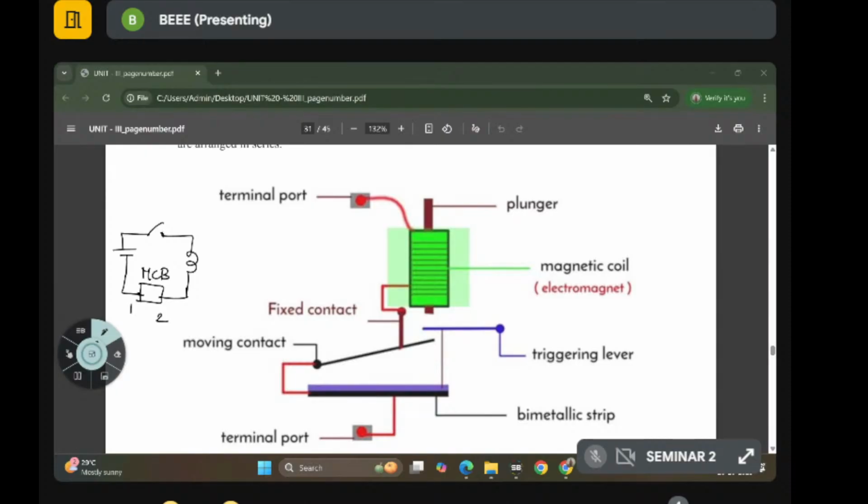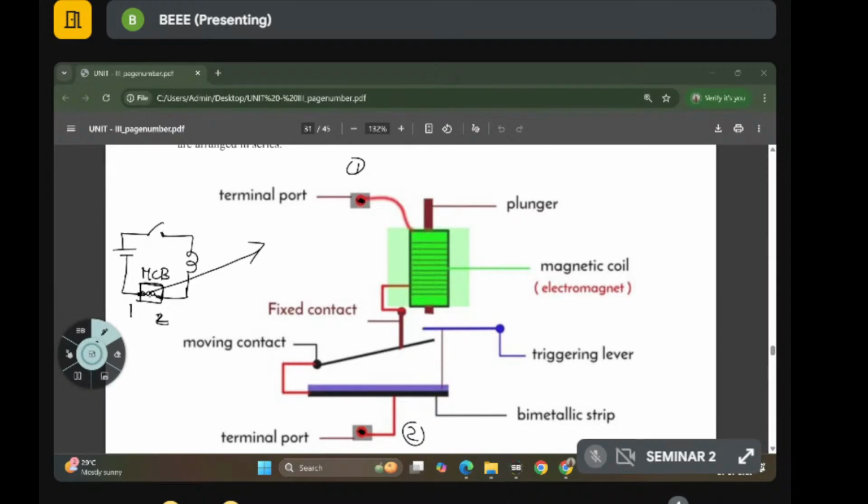So these terminals are there. Now, what does the MCB consist of? I will explain the circuit diagram. Where are terminals one and two in this diagram? This is terminal one, this is terminal two. Between them is the circuit diagram inside the MCB.